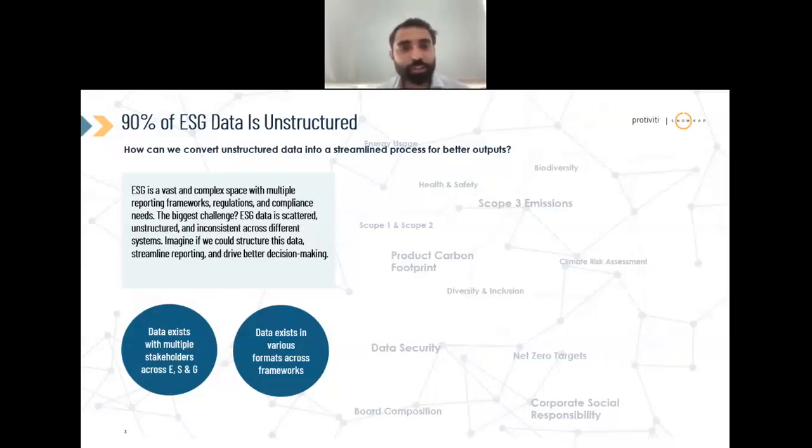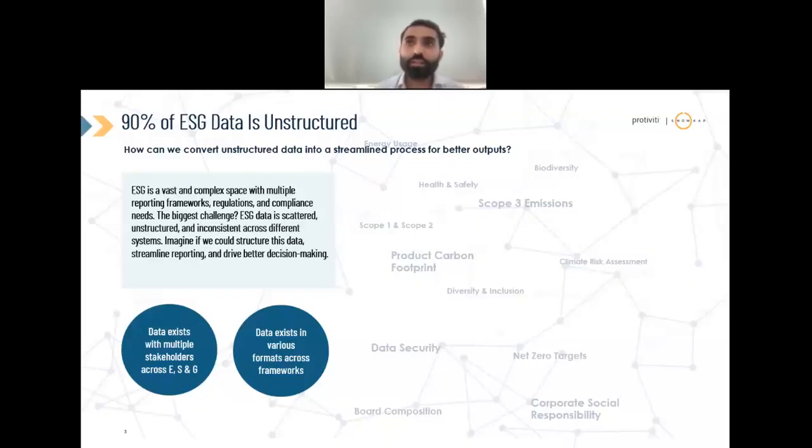From our experience working on the ground in ESG, the single largest challenge we've seen ESG teams face within organizations is collecting data. Data is often scattered and unstructured within these organizations.